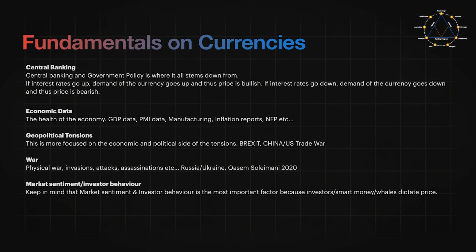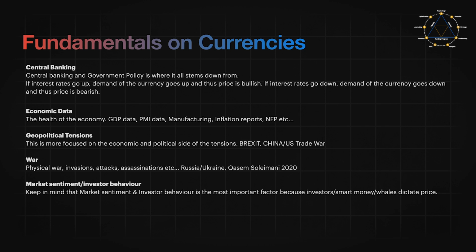Now, moving on into specifically fundamentals on currencies and Forex. These are some of the core factors that have a more direct impact, right? So we've got central banking. Again, central banking and government policy. This is where it all stems from. For example, if interest rates go up, the demand of the currency goes up, and thus price is bullish.